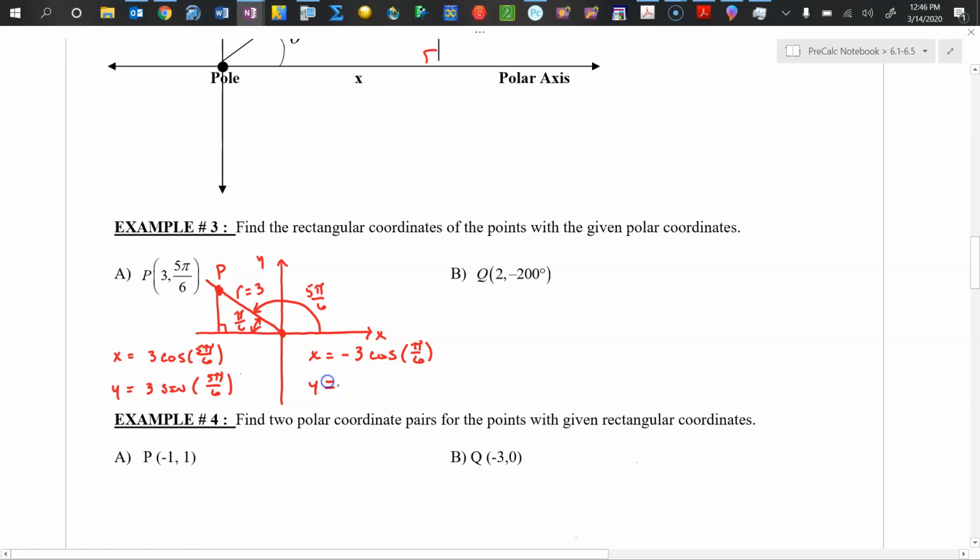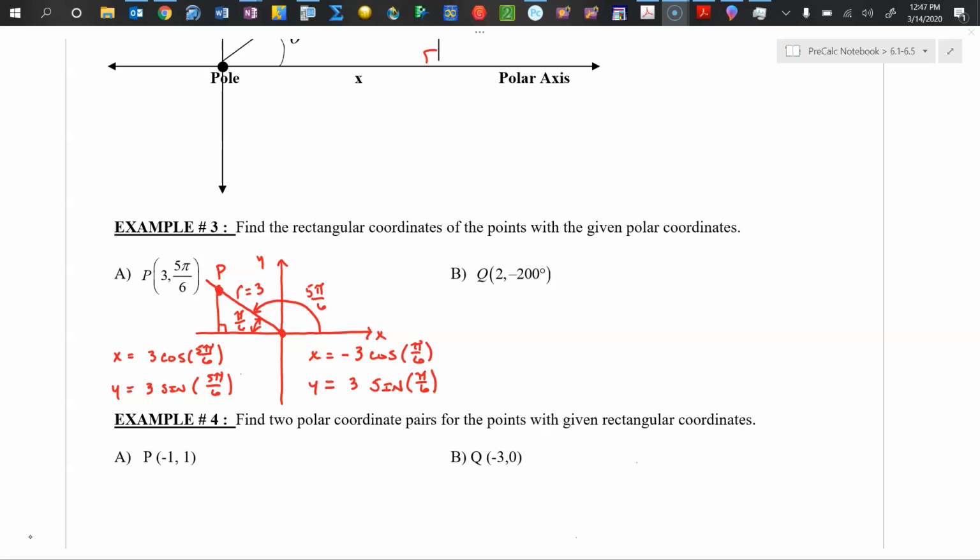The vertical component, or the y-coordinate in Cartesian, would use the sine of pi over 6 if you're using the reference angle, but we have a positive y-coordinate, so we would simply use positive 3 for that.